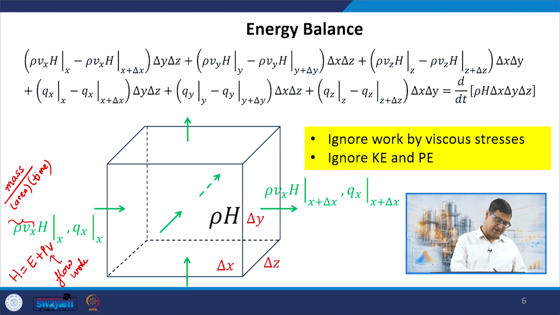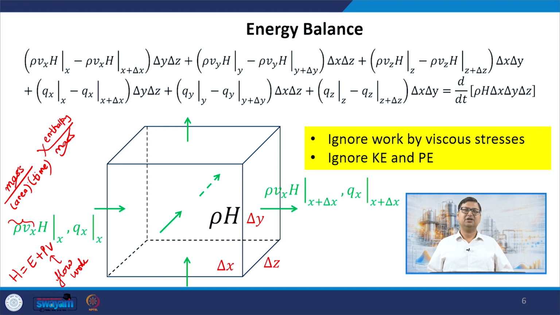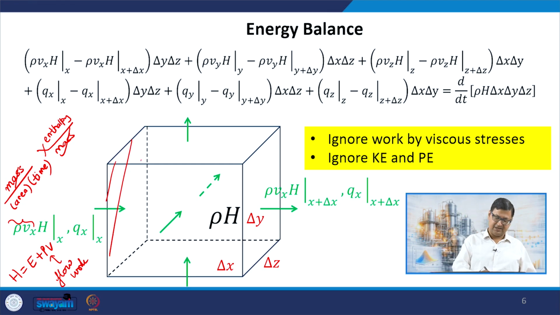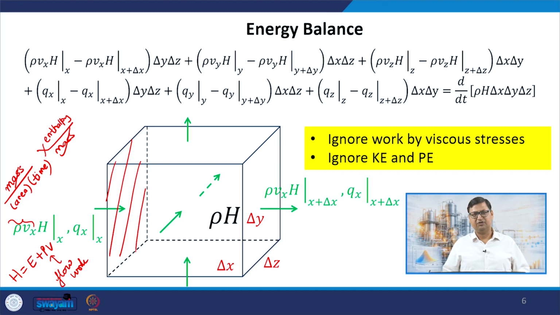So mass per unit area per unit time, that is the mass flux rho Vx, into H, which is the enthalpy per unit mass. This gives me essentially an enthalpy flux, or enthalpy per unit area per unit time. And again, if I multiply with the corresponding area, which is delta y delta z for this face, that gives me the net enthalpy coming into the system with the fluid. And what is that equal to?